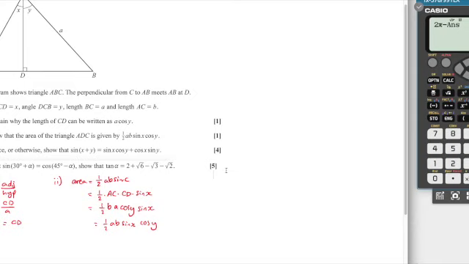Well, we could look at this in terms of the sine rule, because you could say sine of x plus y over AB. That's not going to work. Hence or otherwise, show that this. So this is the area of just ADC.